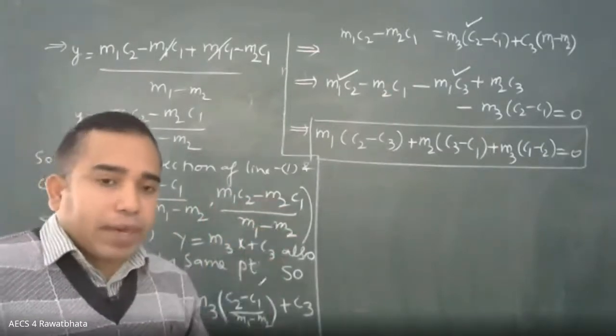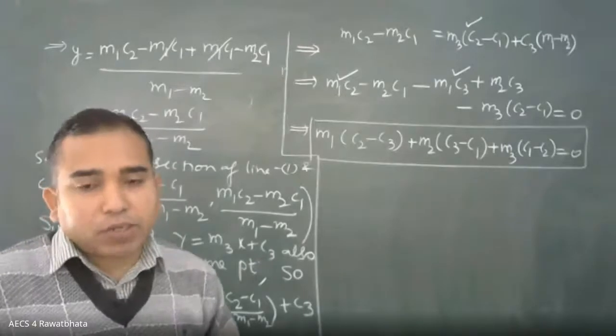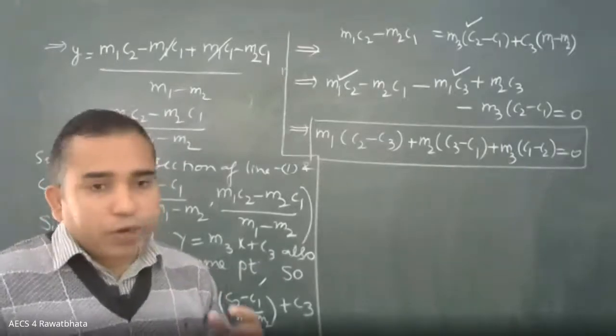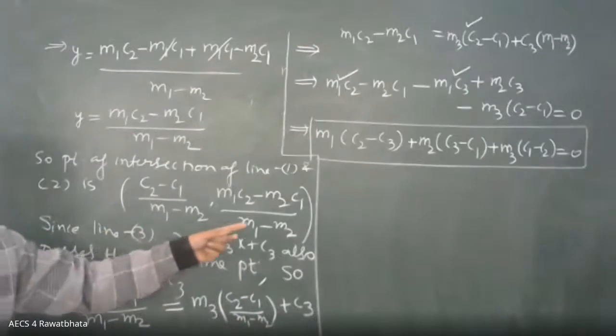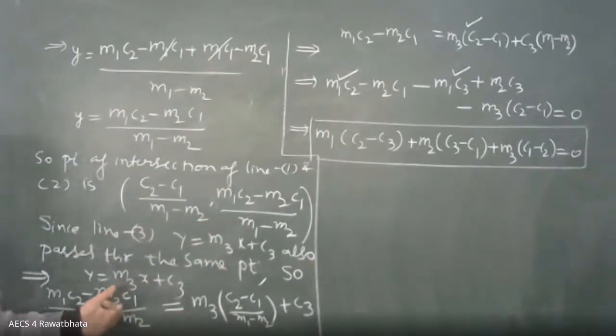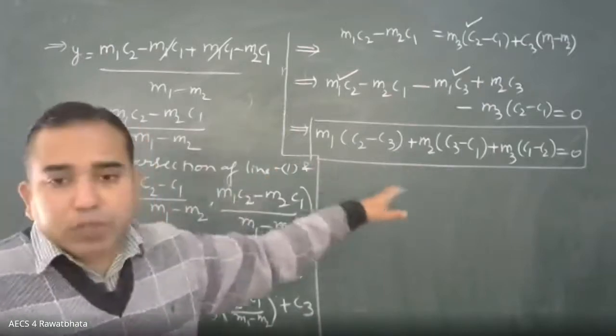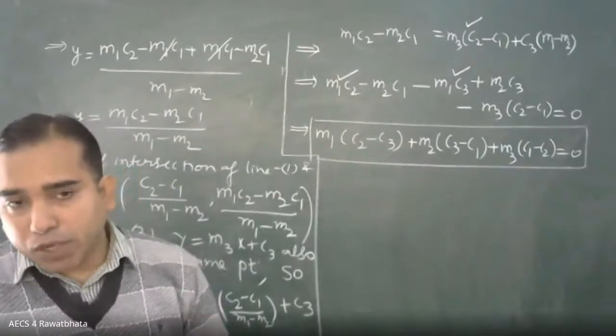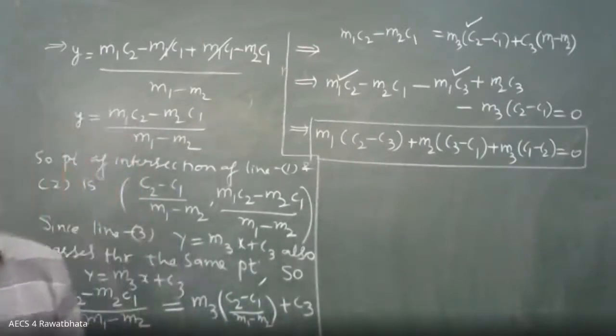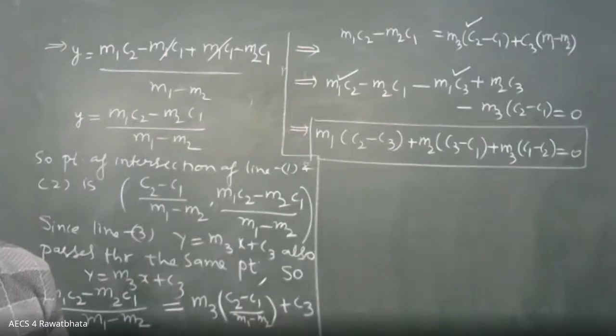Your choice, you can solve second and third or first and third, whichever you like. We found the point of intersection, and in the remaining line we substituted x and y and rearranged it into the desired structure, as I had to bring. So this was question number 10. I hope you must have got it. Please complete it and let us move towards the next question, question number 11.